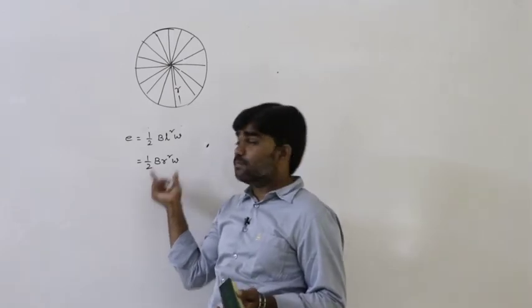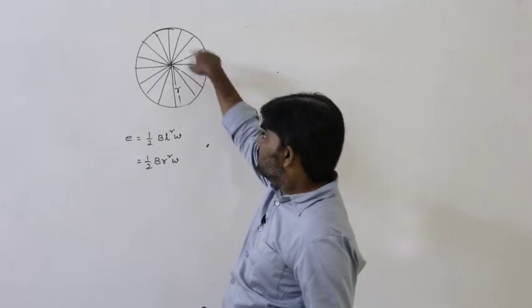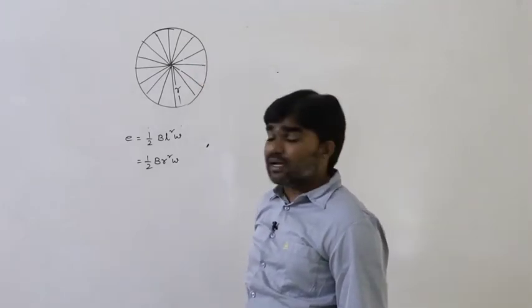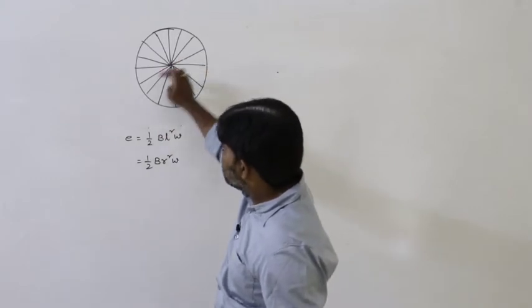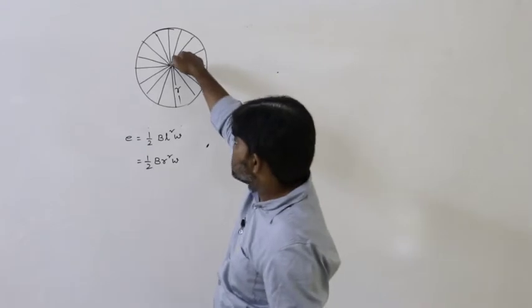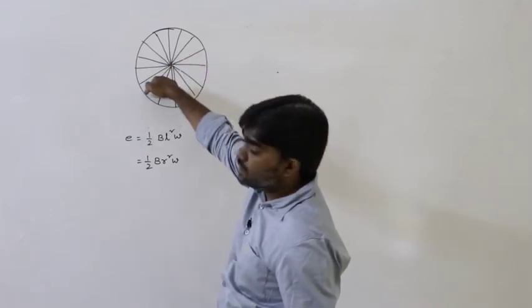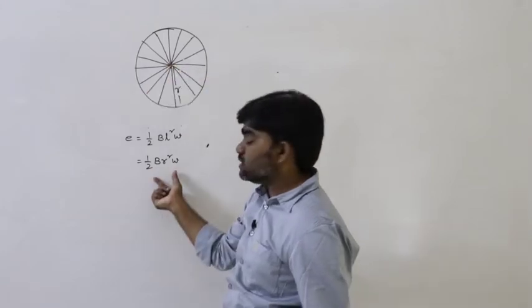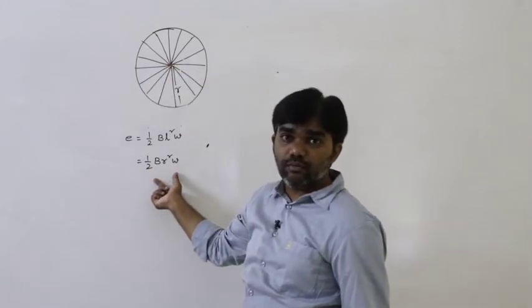Here also, a wheel is rotating in the uniform magnetic field, and the potential difference developed between the center, the axis of the wheel, and the end of the spoke is nothing but half B R square omega.